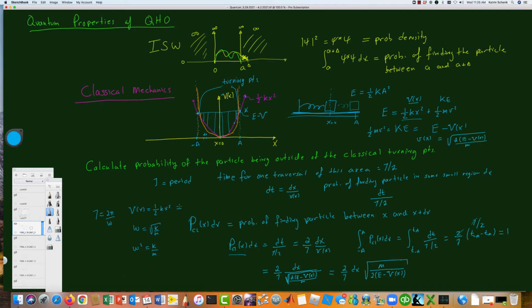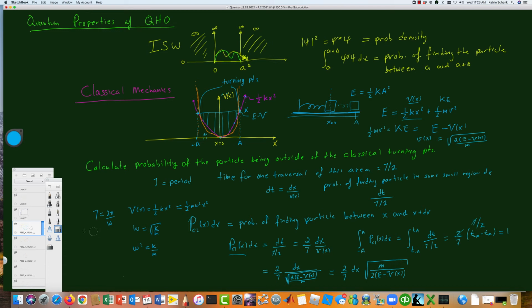We already did this before when we set up the oscillator, so V of x is 1/2 m omega squared x squared. That's what we had when we solved the TISE. We should have just left tau in terms of omega. That would be a lot easier.